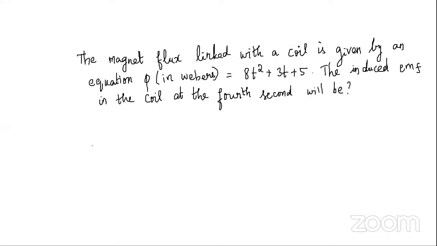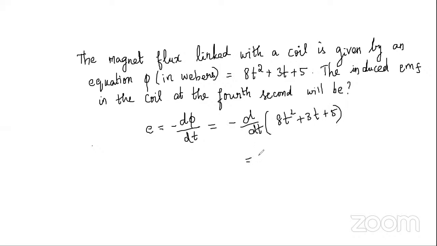Very simple question. E equals minus d phi by dt. That means you have to differentiate this equation with respect to time. So minus d by dt of 8t squared plus 3t plus 5.